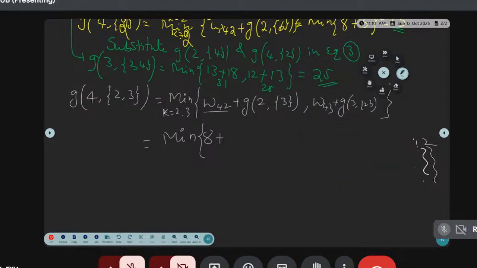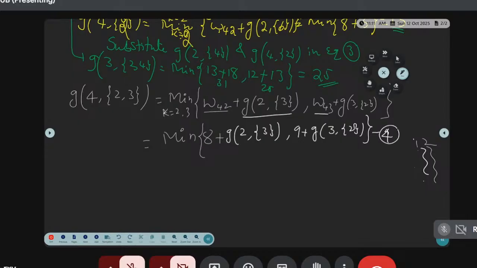8 plus this g of 2 comma 3 we don't know, right? This g of 2 comma 3 we don't know. W of 4 3 4 through 9 plus g of 3 comma 2 we don't know. This is equation 4.